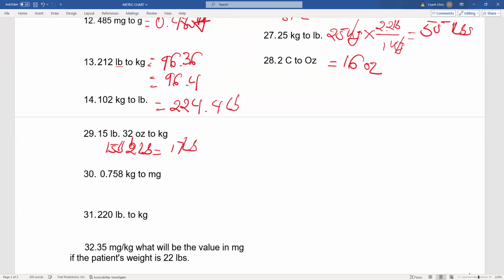I got 17 pounds. So you know from pound to kilogram, you got to divide by 2.2. So once you divide 17 by 2.2, now you have your kilogram right there, which is 7.73 if you're stopping at the second place. All right, kilogram. If you're stopping at the first place, at the tenth, it's going to be 7.7 kilograms.